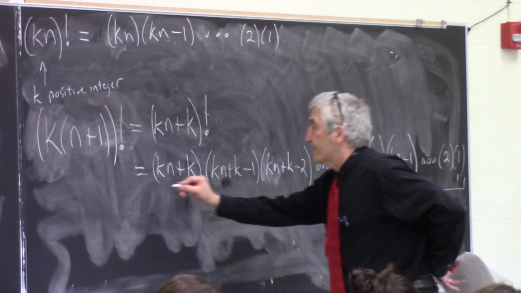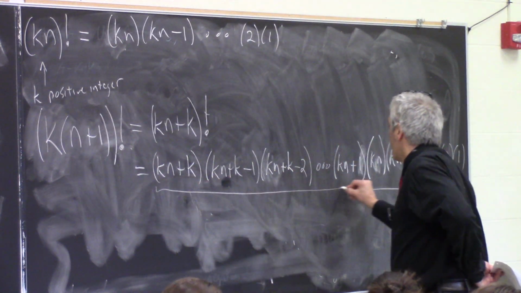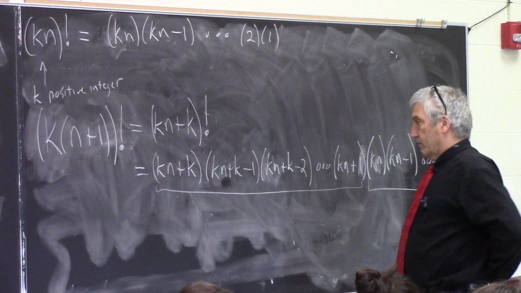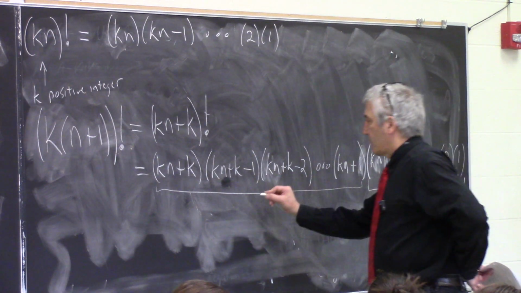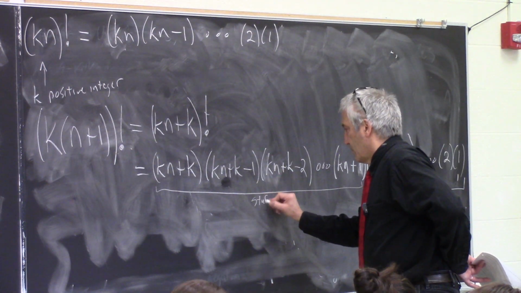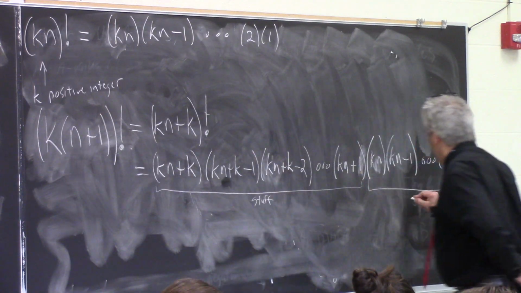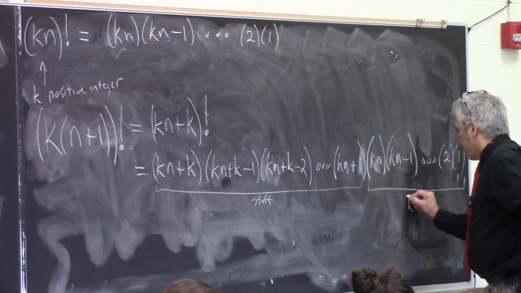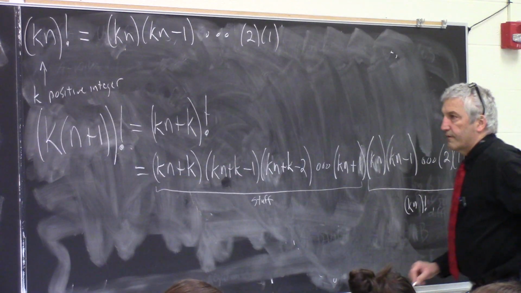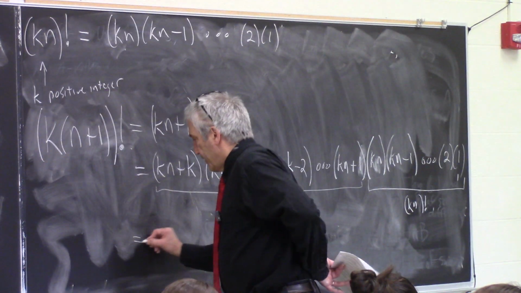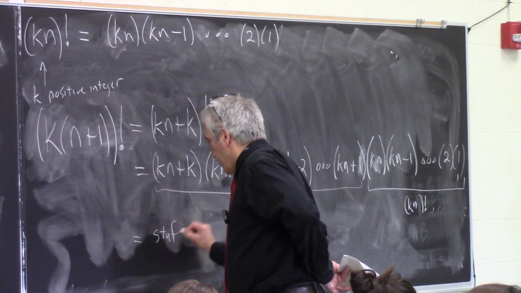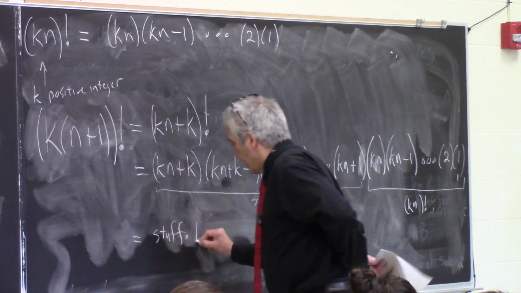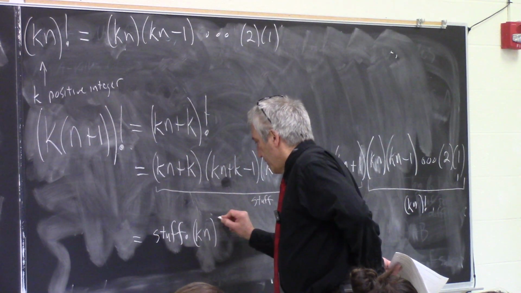So I'm going to call this stuff. And this stuff here is k times (n plus 1) factorial. So this thing is stuff times kn factorial.